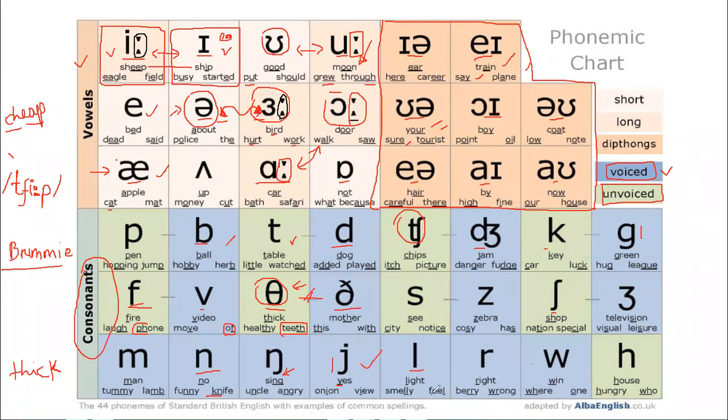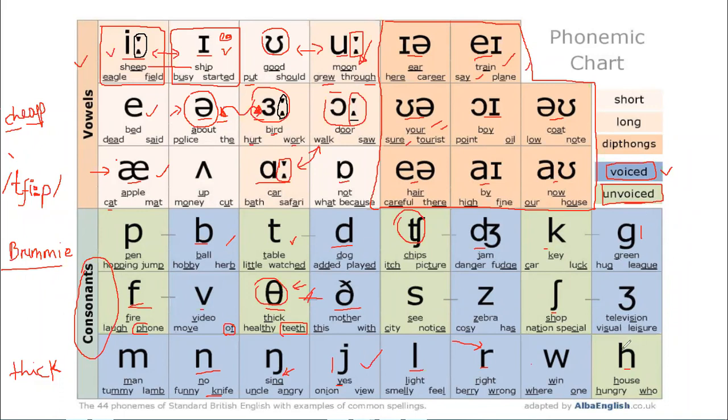Sound L, light, smelly, and feel. Sound R, like in right, very, wrong. Es un sonido muy especial. Vamos a ver qué onda en inglés británico. Sound W, like in win, like in where, like in one. And sound house, like in hungry, like in who. Es unvoiced.